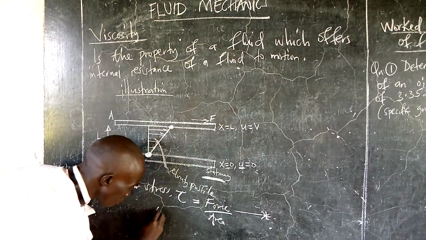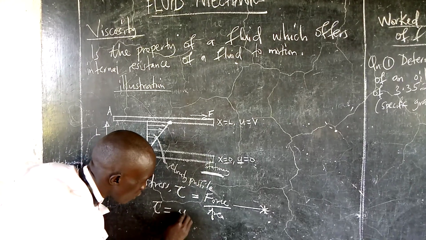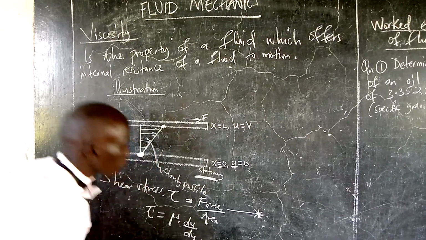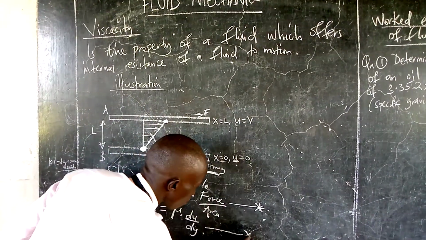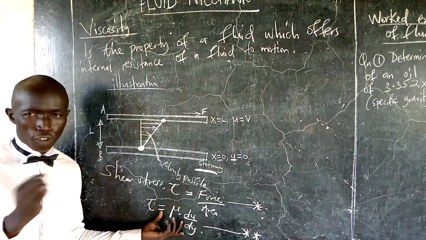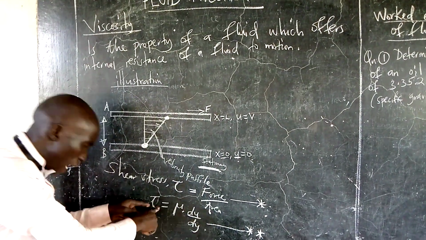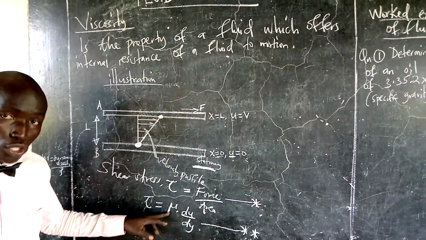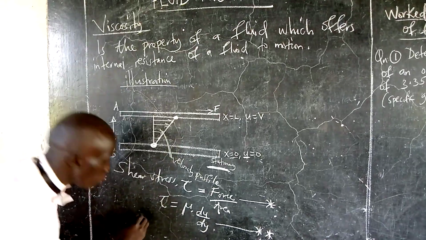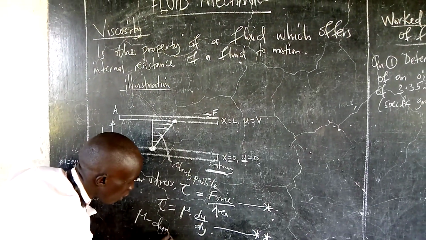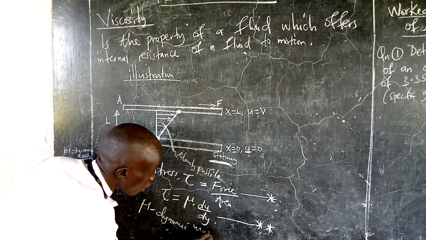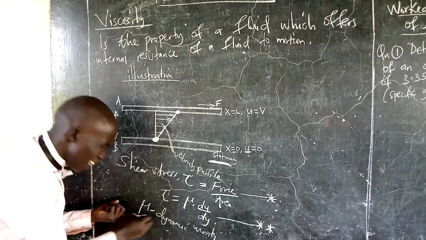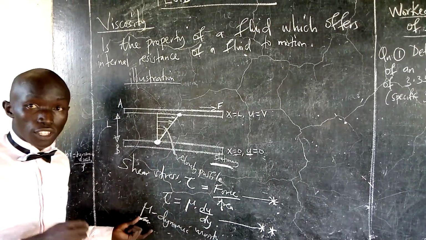Then also, we are going to consider another formula under shear stress. Shear stress also is given by mu times du dy. Let me call this equation double star. This equation is going to be used so much for calculation purposes. So tau is called shear stress. Then this mu is called dynamic viscosity, or sometimes people call it the coefficient of viscosity, and the value is constant.